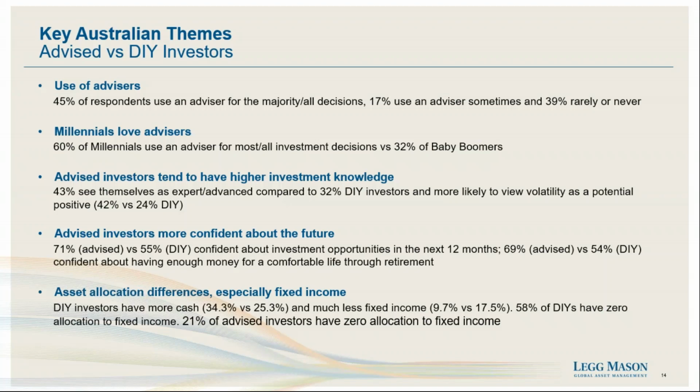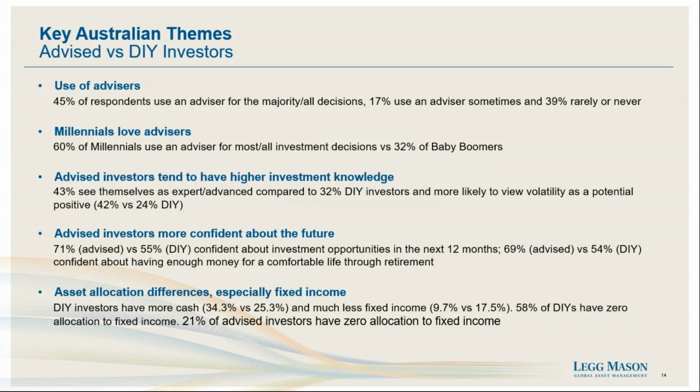We were surprised to see such a high percentage of the millennial cohort using advisors for most or all of their investment decisions. And as you can see, it's twice as high as for the baby boomer cohort. So it's interesting to see the younger population coming through valuing advice and indeed relying on advice.